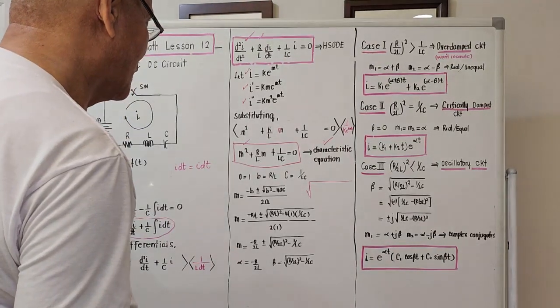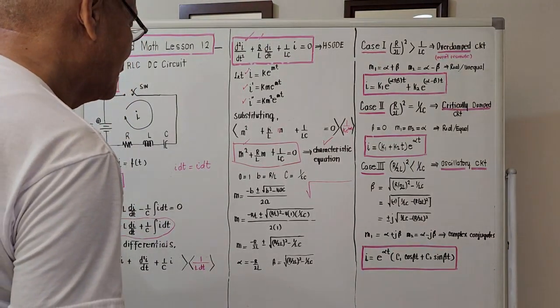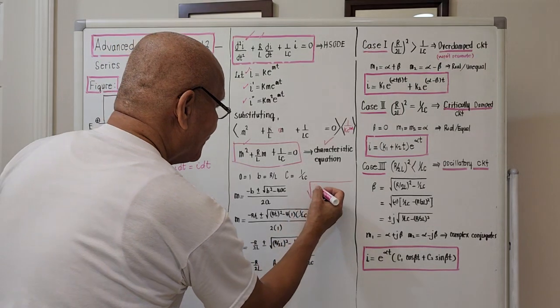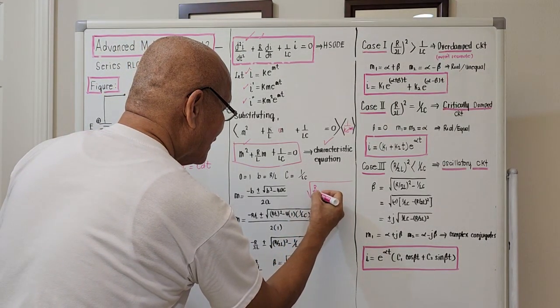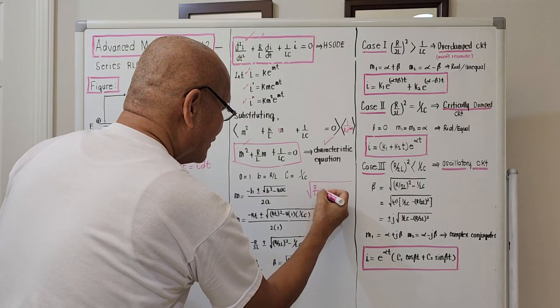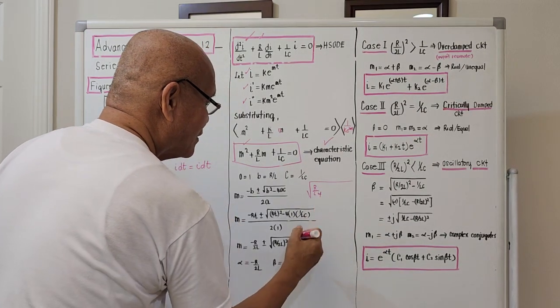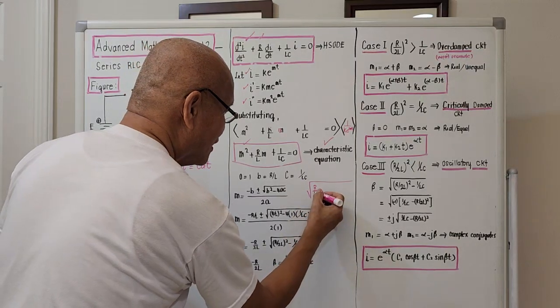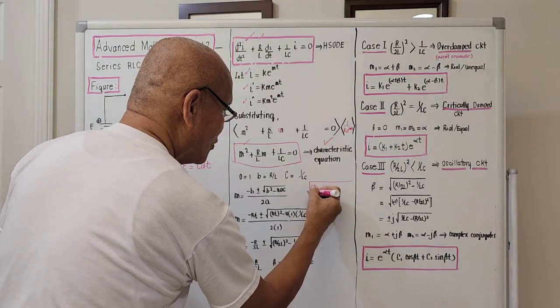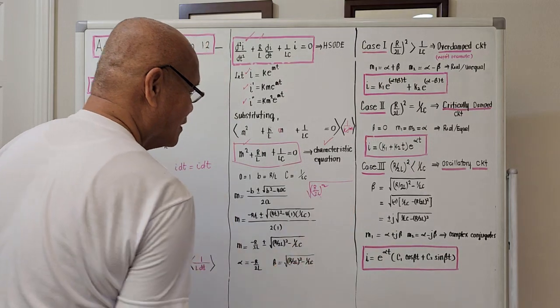4 over 2L. It will become R over L. Okay. There will be a 4 here. So I will make this as 2L. Then I will just square that one.